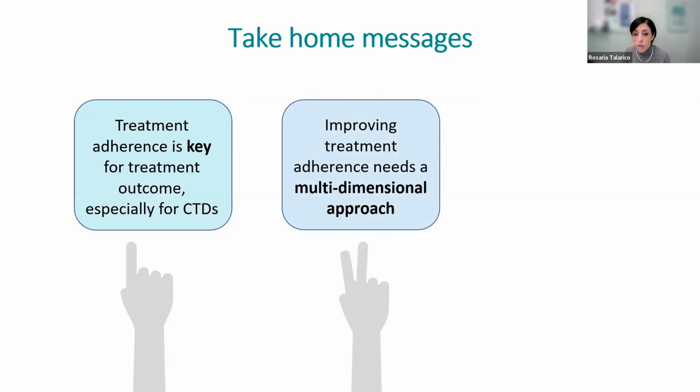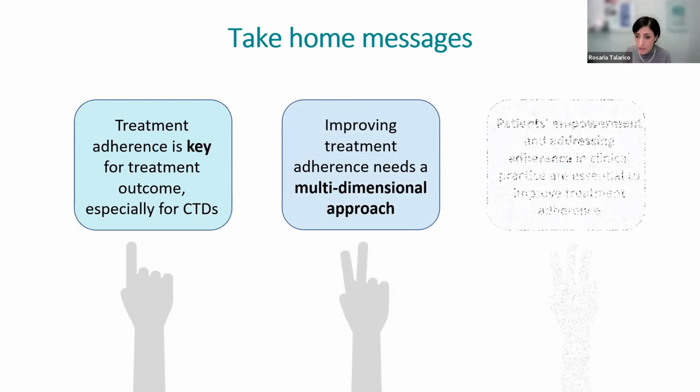But we have to improve adherence to treatment, since, yes, there is an elephant in the room, but we may talk about the elephant and we may also improve, but we should improve also in a multidimensional approach. Otherwise, we look at the problem only on one side, and it is not correct in a very challenging disease such as connective tissue disease, and with a very challenging problem such as adherence to treatment.